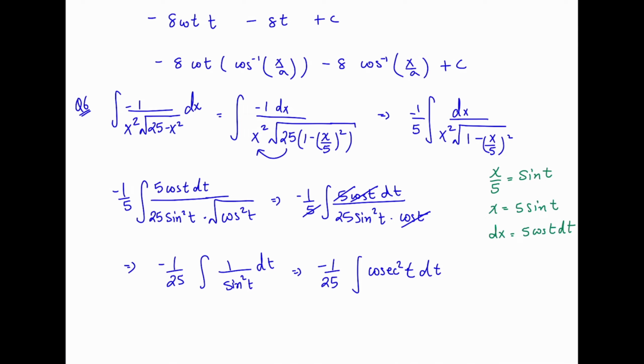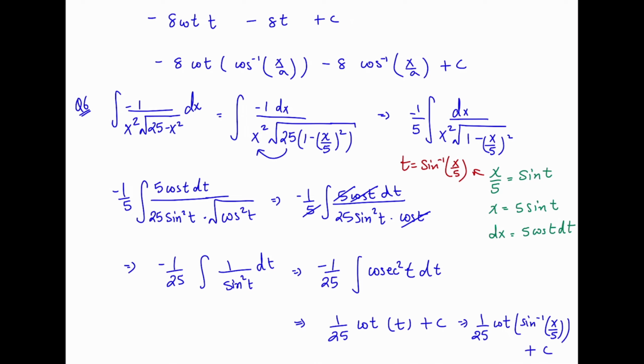The integral is going to be negative cot of t. So negative cotangent with the negative 1 over 25 will become positive. And you can isolate t from here. So the final answer here will be this.